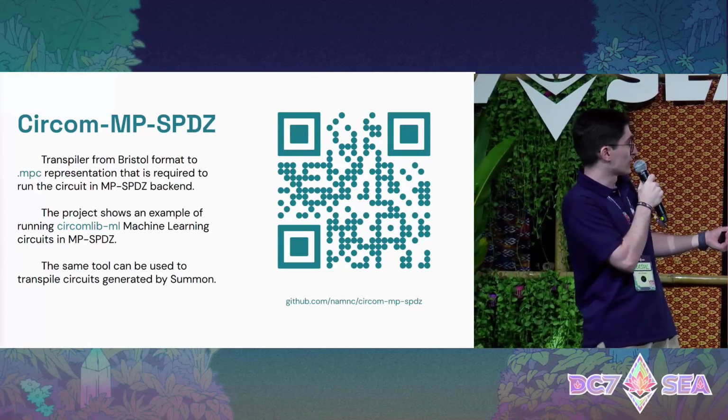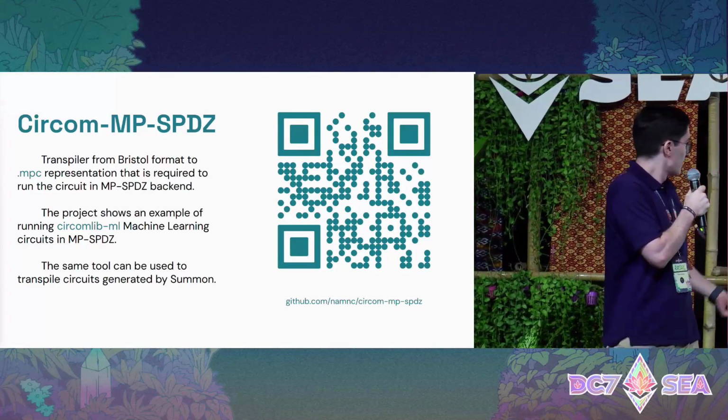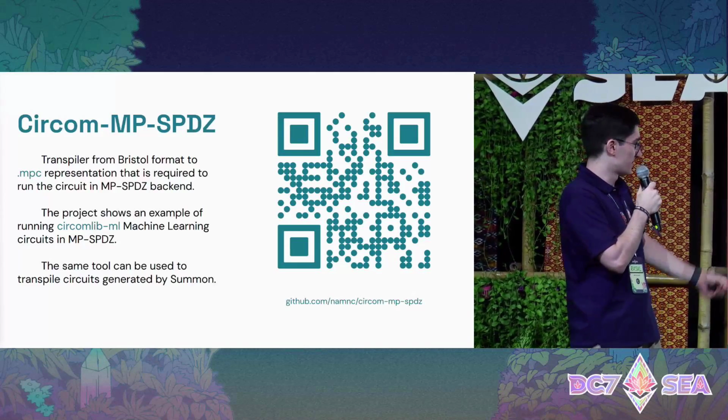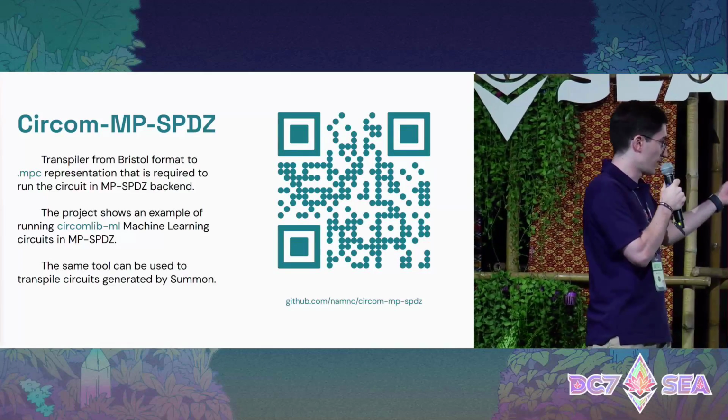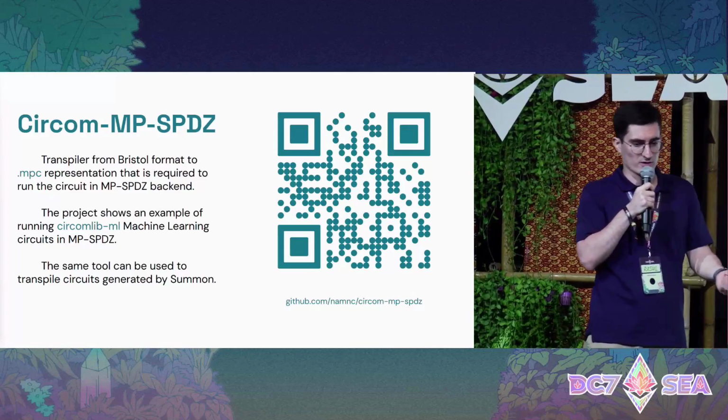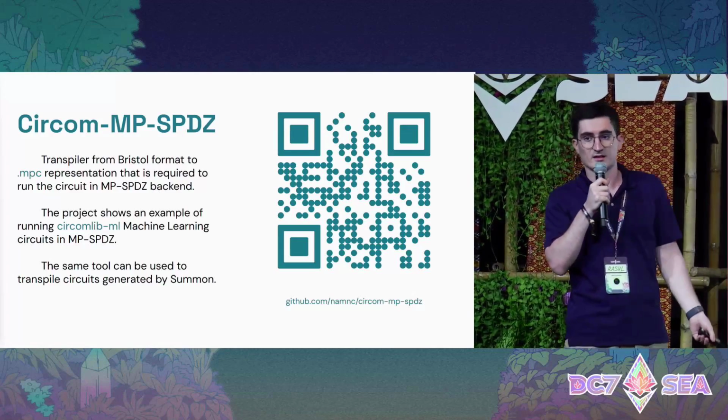This project shows an example of running circomlib-ml machine learning circuits in MP-SPDZ, and you can find benchmarks and all the information about this in the repo. And as I said, the same tool can be used to transpile circuits generated by Summon as well, not only by Circom-MPC.